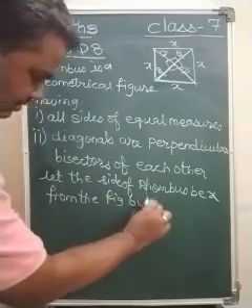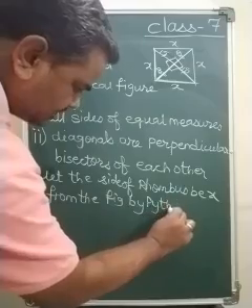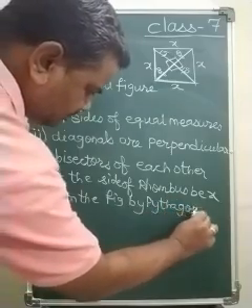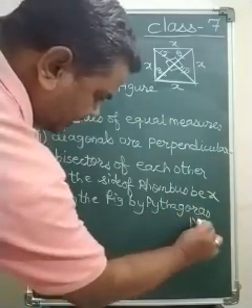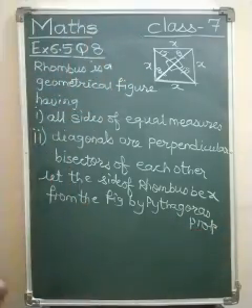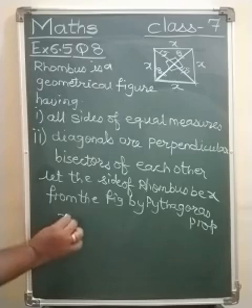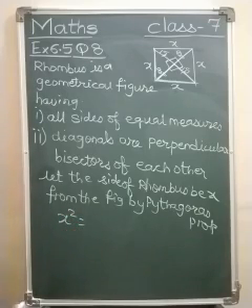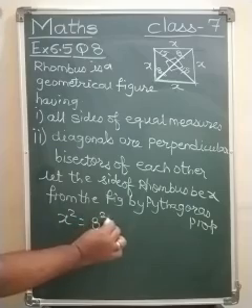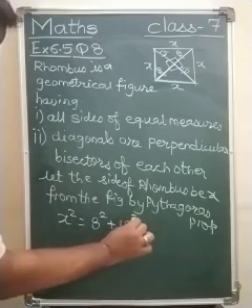By Pythagoras property, x square equals 8 square plus 15 square.